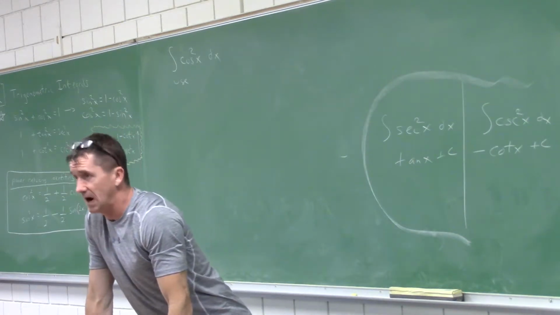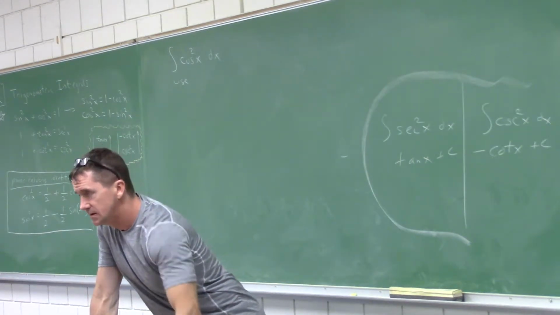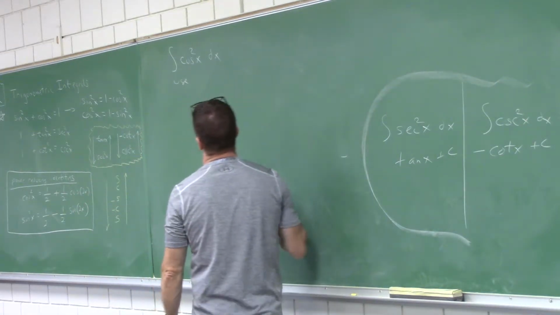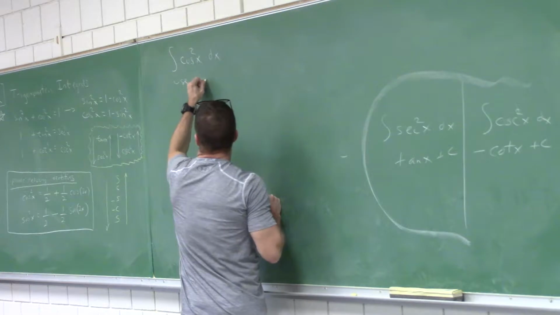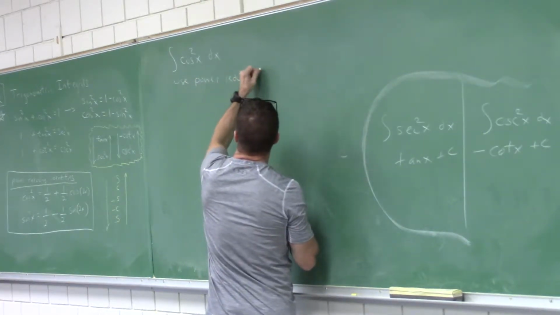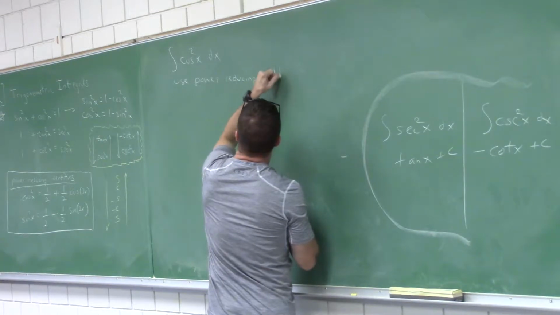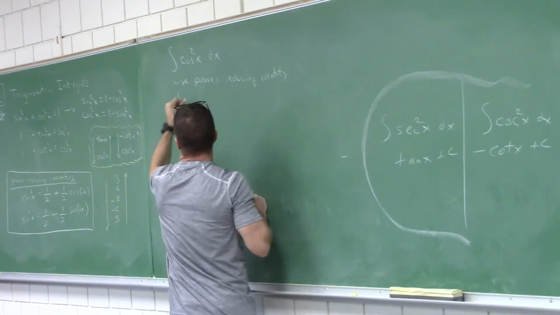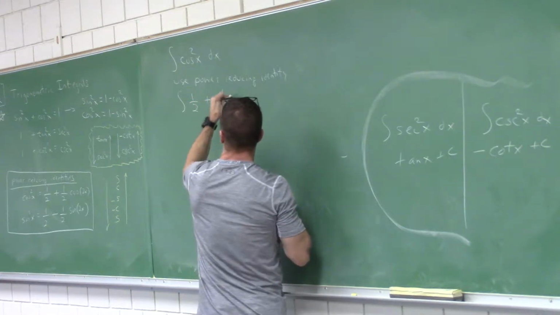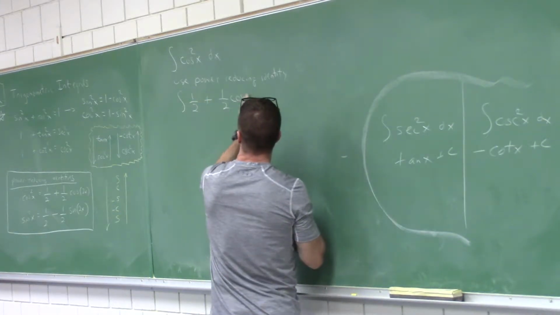You go, I just need the power reducing identity. I just need to know it. It's equal to 1/2 plus 1/2 cosine of 2x. Some of you probably factor out the half, and I usually do the same thing. I'm going to be honest with you as I write this all out.